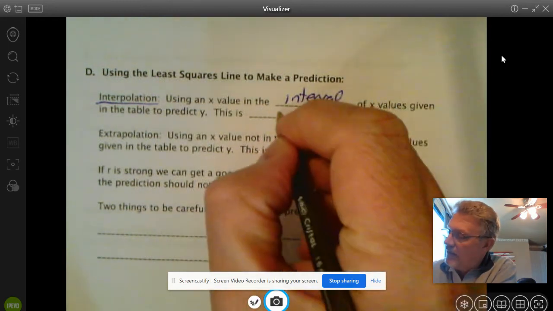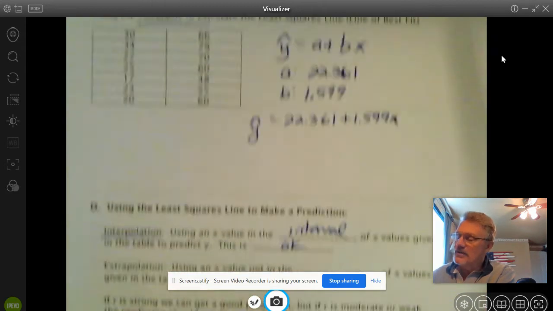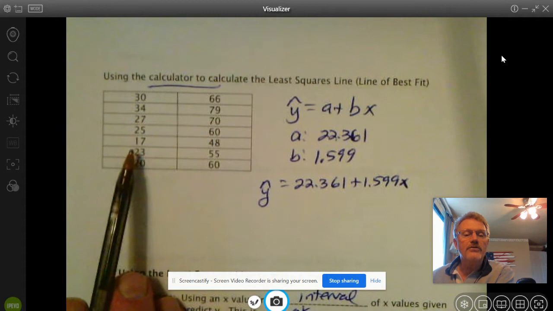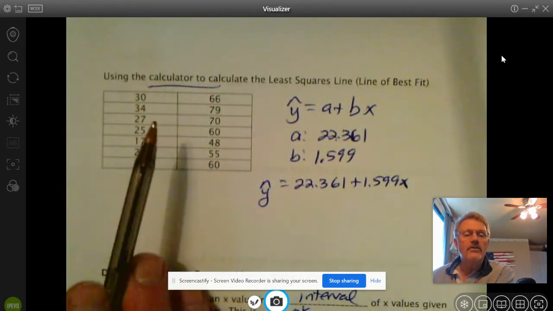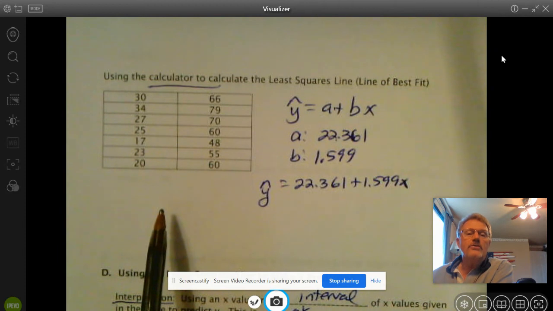We're predicting y using an x that's in our interval of numbers. Our interval here goes from 17 to 34. If I was asking you to use 31 as a predictor, that would be okay. That's interpolation. But if I ask you to use 50, that's a problem.